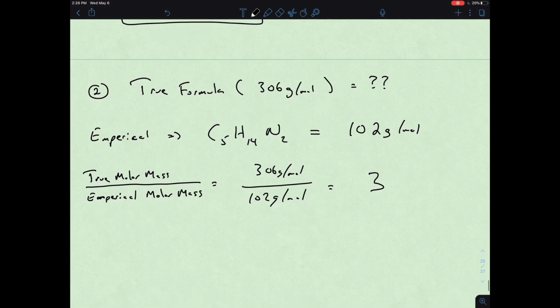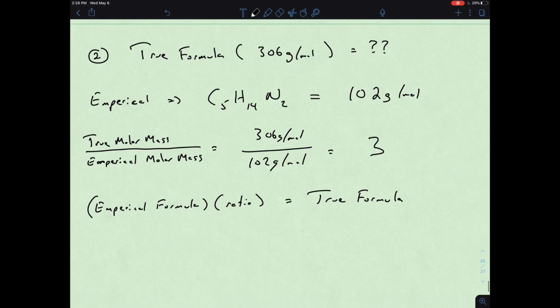So now we just need to take that empirical formula and multiply it by the ratio, and that gives me the true formula. So I'm looking at the C5, H14, and N2.